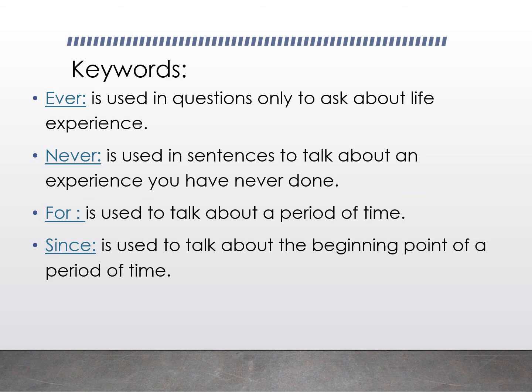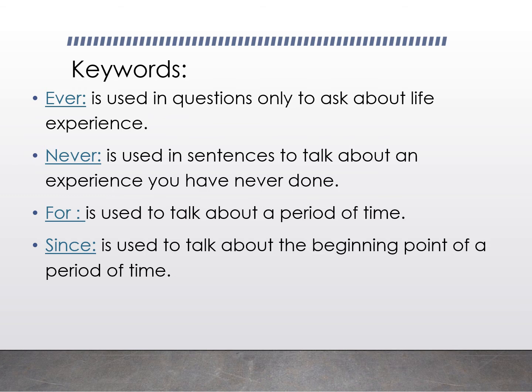Moving to for and since. For and since, we use them to talk about time, but there is a big difference between for and since. For is used to talk about a period of time, the whole period of time. So I say, I have lived in this house for 3 months.